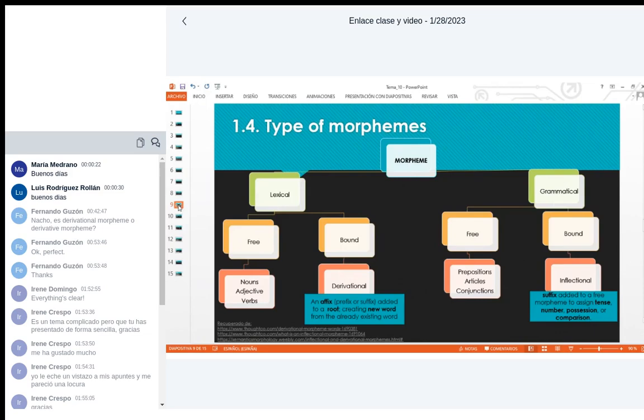And then we have the grammatical bound morphemes, which allow us to create the so-called past tense, present tense, the plural, or the masculine and feminine. They also denote a comparison, larger than, or the largest, and the -est or the -er also denote a comparison or superlative.